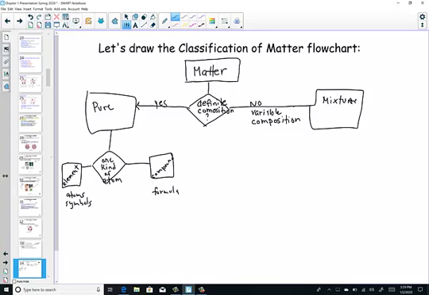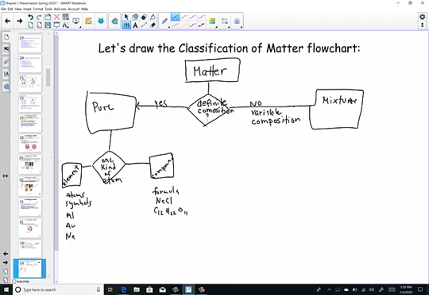An example of a compound could be sodium chloride, or table sugar. An example of elements, we gave aluminum. How about my favorite, gold? We could have the elemental form of sodium, lots to choose from there.